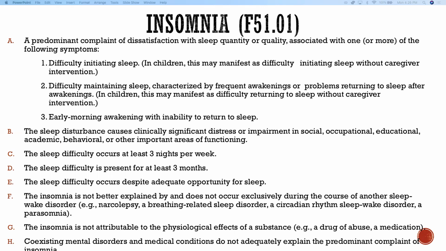I know that may sound silly to say at this point in the semester, but it is so important because a client could meet A in one, two, and three, but they don't meet D, which is very important, meaning that the sleep difficulty is present for at least 3 months and the sleep difficulty occurs at least 3 nights per week. If it's 2 nights per week, if it's one night per week, they're not meeting criteria for this disorder. So it may not be insomnia.